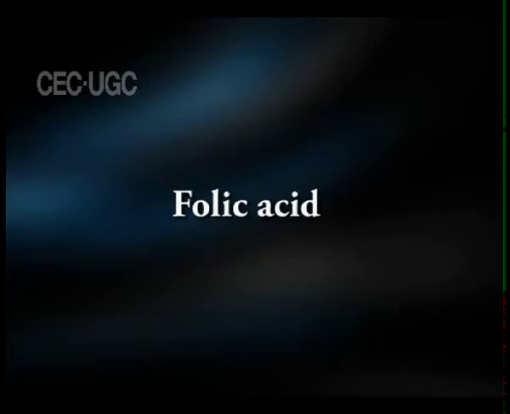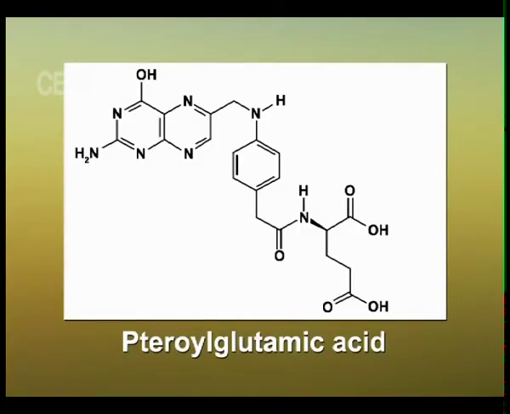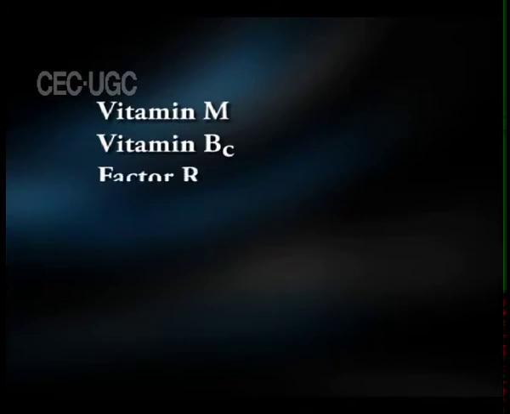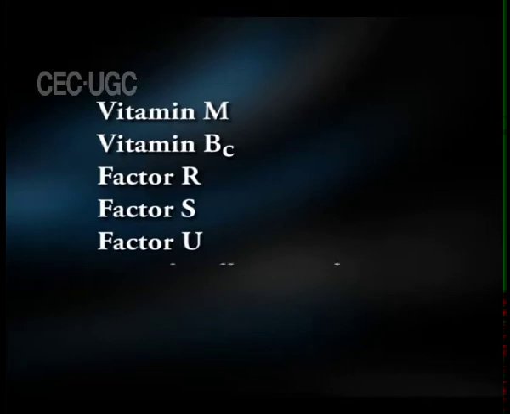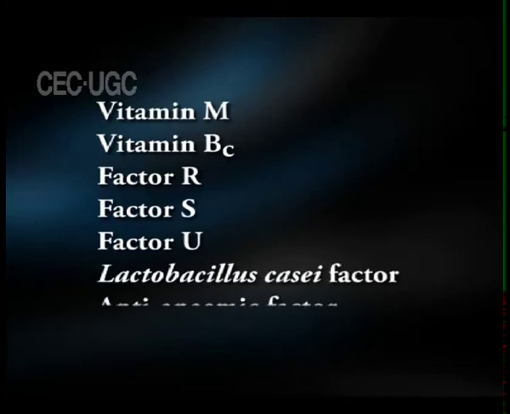Folic acid. It is also known as pteroyl-glutamic acid, PGA. Several other compounds have been obtained showing similar biological properties as folic acid and are known as vitamin M, vitamin B, C, factor R, factor S, factor U, Lactobacillus casei factor, and the anti-anemic factor.